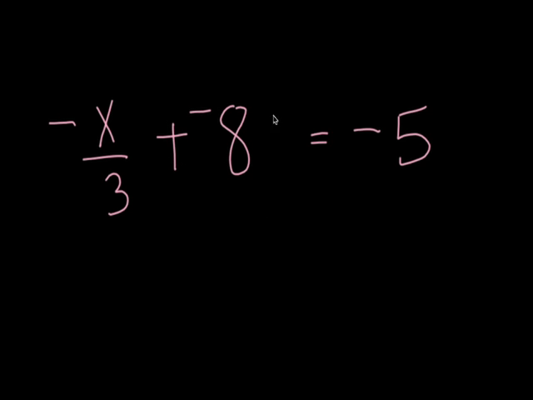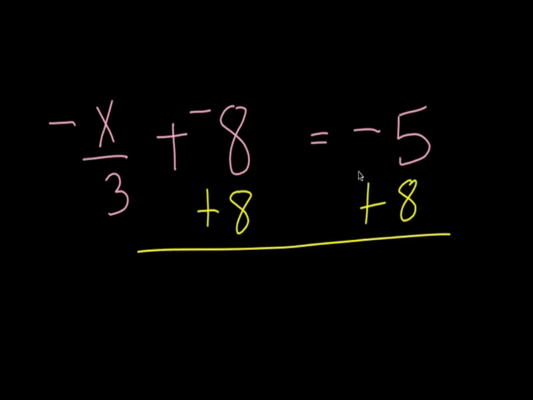Okay, here's the side of the equation we work on with the variable. We deal with the number term first, so the opposite of negative 8 is positive 8. So that's one step. The negative 8 and positive 8 cancel. So I'm left with still my negative x divided by 3 equals a negative 5 and a positive 8. I have more positives, so my answer is positive, and then I subtract.